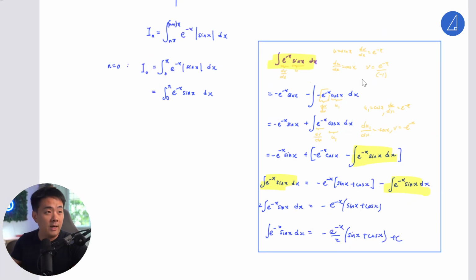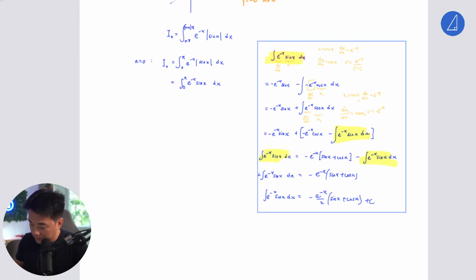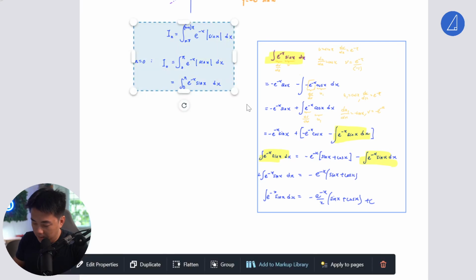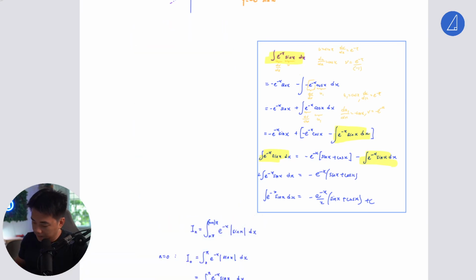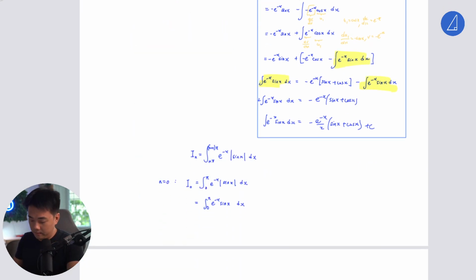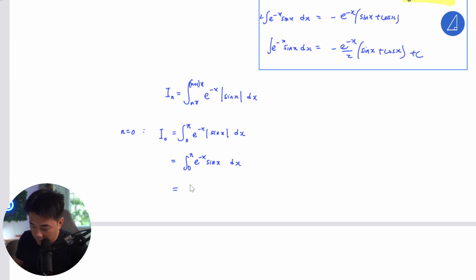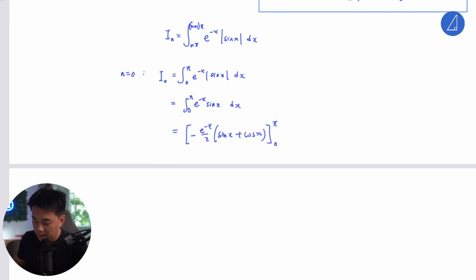So this guy is an entire side quest for this. Then I'm going to just put 0 to pi here. So using this formula, it will be minus e^(-x)/2 times sine x plus cosine x. You don't need the arbitrary constant because when you substitute 0 and pi, they just cancel each other.